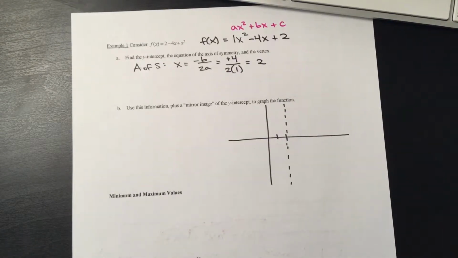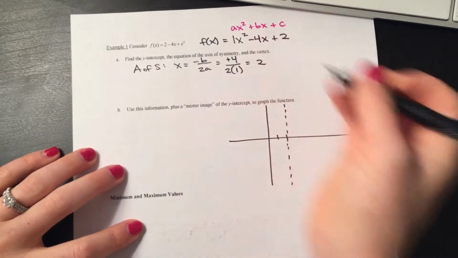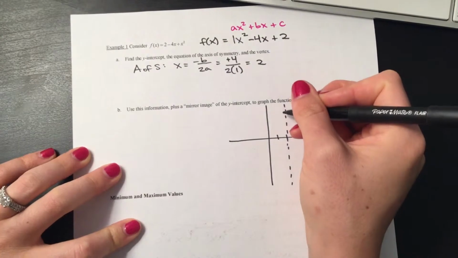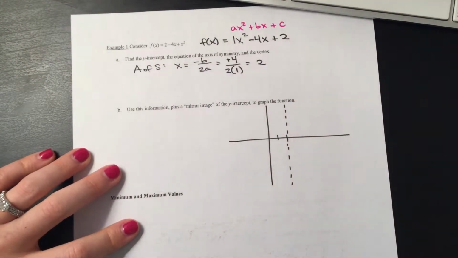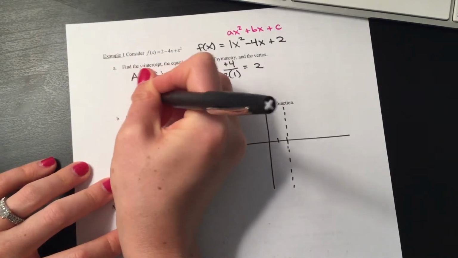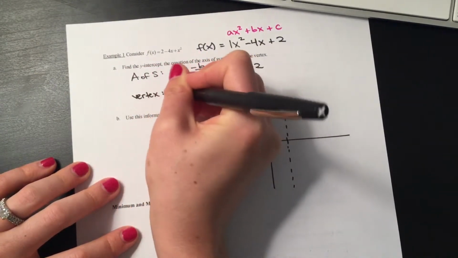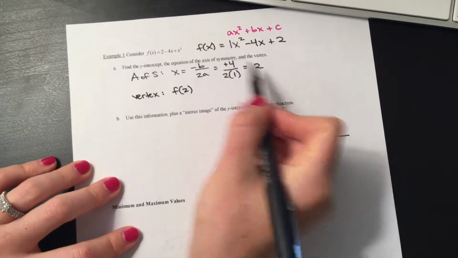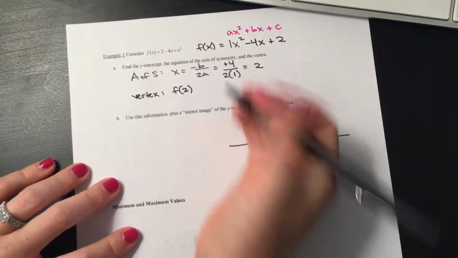Then to find your vertex, what you're going to do is plug that 2 in, because the vertex is going to be somewhere on this line. We know that for sure. So we know that the x value is 2. We need to figure out what the y value is going to be. So for the vertex, you're going to plug in 2. So we want to find f of 2, which means plugging 2 into this function.